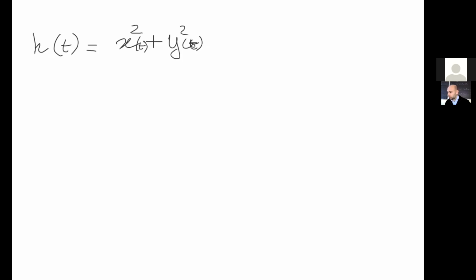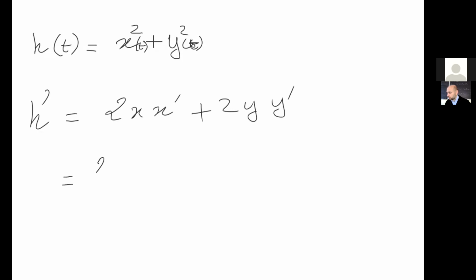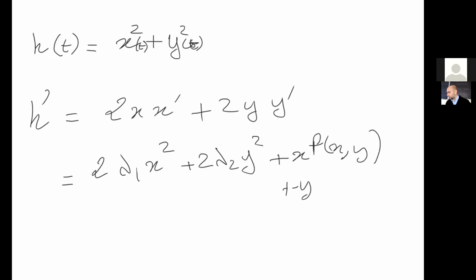Now if I look at the derivative of H, this is 2x x prime plus 2y y prime, which is equal to 2 lambda 1 x squared plus 2 lambda 2 y squared plus 2x f(x,y) plus 2y g(x,y), right?